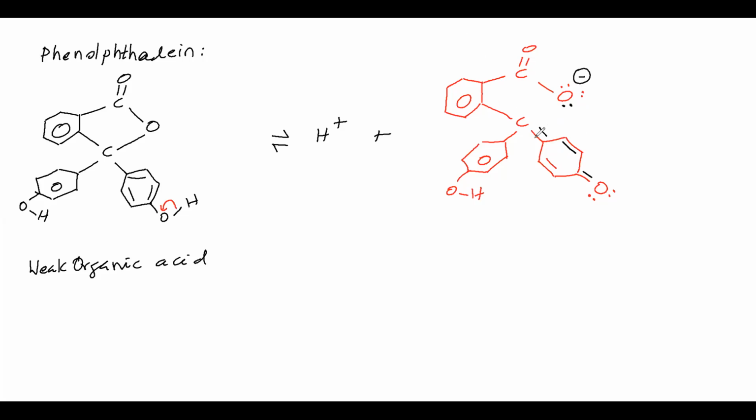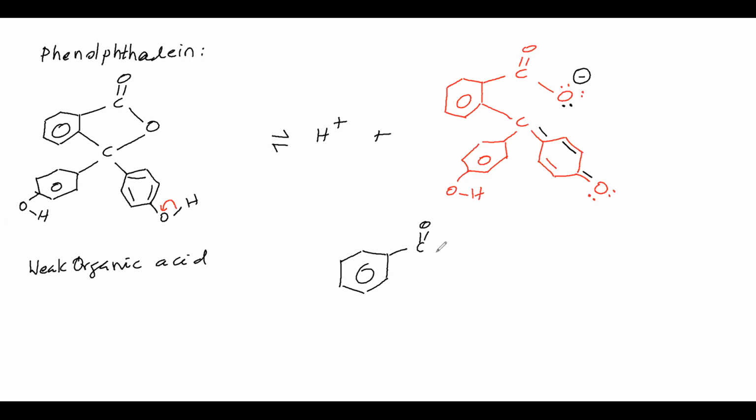So if this phenolphthalein is donating H plus and converting into so and so species, why have we converted like this? For what reason have we converted like this? Previously we got one anion, no? Why didn't we leave it like that itself?